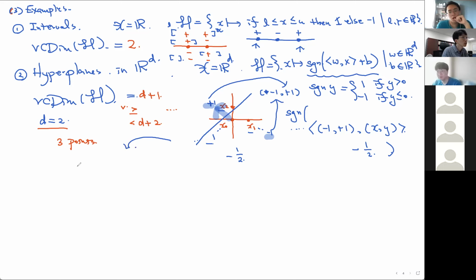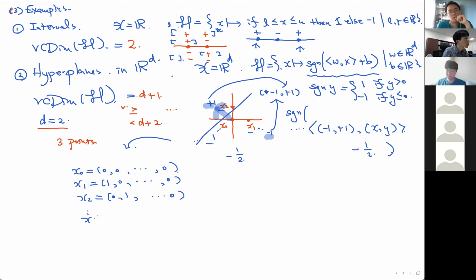The general construction goes like this. For d-dimensional points, x0 is going to be 0 everywhere. x1 is going to have a 1 in the first coordinate. x2 will have its second coordinate 1, and so on, up to xd. Each one is a unit vector.